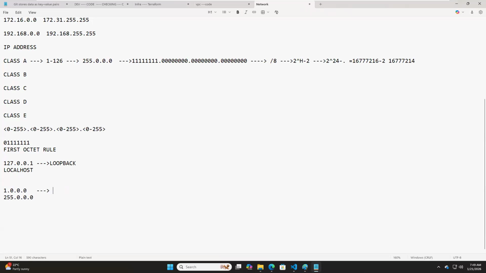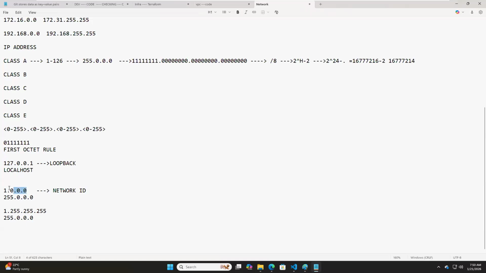If the host portion is all zeros, 8 zeros, 8 zeros, 8 zeros in binary, you cannot assign that to a computer.